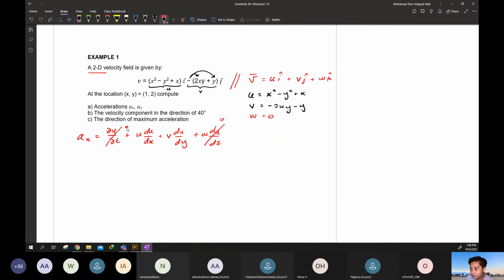What we have now is u du over dx plus v du over dy. So what do we need to do next? Substitute, yes, perfect. So substitute u, which is x squared minus y squared plus x, and du over dx. How do we get du over dx?